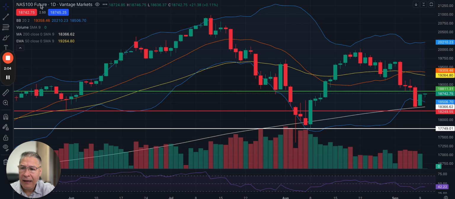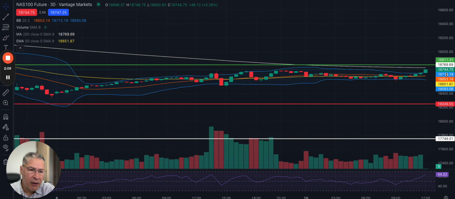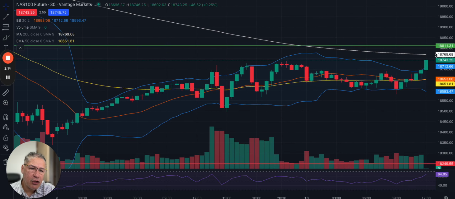So let's take a look at that 30-minute chart. We see that on the 30-minute chart, the 200-day moving average is above the market, which will act as a probable dynamic level of resistance, and we are above the upper band of the Bollinger Band. We also have the 50-day moving average below the market, parallel with the 20-day moving average.